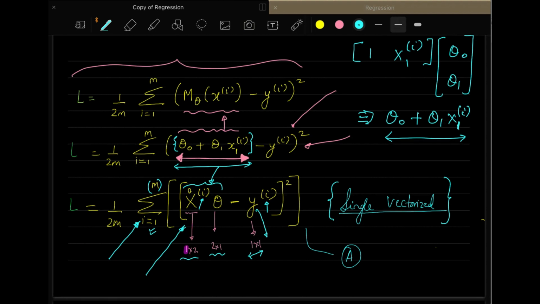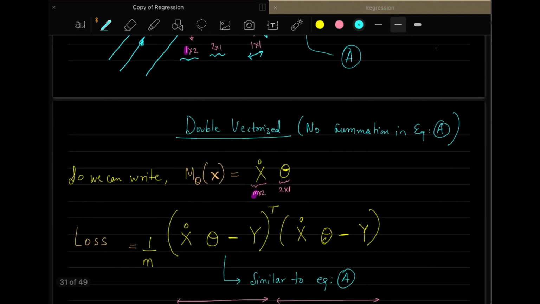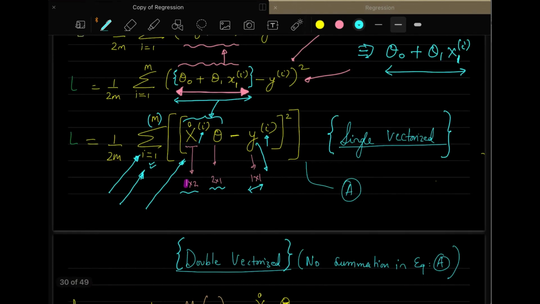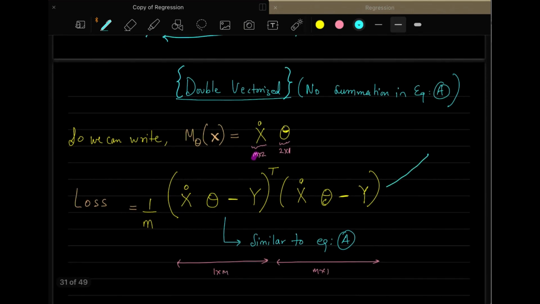So now we want to remove this summation sign. Let us see how we can do that. The thing that comes up now is double vectorization. You are applying vectorization on top of the internal vectorization that you have already done. How can you do that? You can do it very easily by using this, which I have written over here.